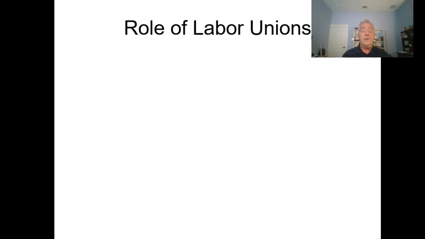Okay, role of labor unions. Labor unions occurred in the time frame probably when they were most needed. We talked about, for instance, during the Industrial Revolution, there were no labor laws.